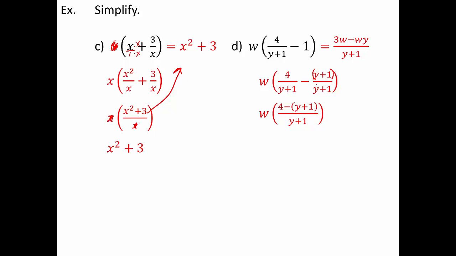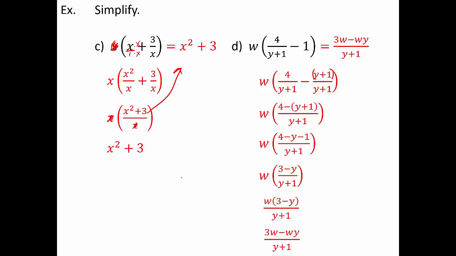Just like if you're multiplying by multiple terms, you need to put parentheses around those multiple terms. Distributing that negative gives me this. 4 minus 1 is going to give me 3, so I now have 3 minus y over y plus 1, and then distributing the w onto the numerator gives me the same answer that I had before. Slightly different route, but exactly the same answer.